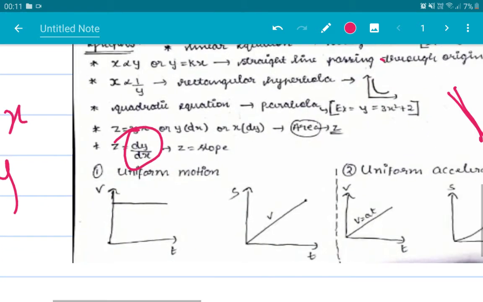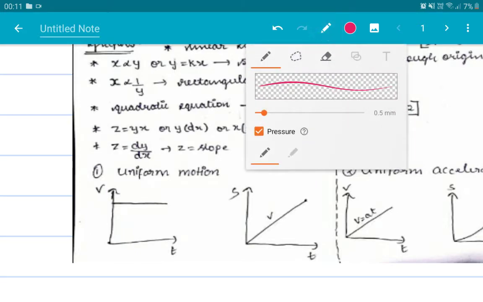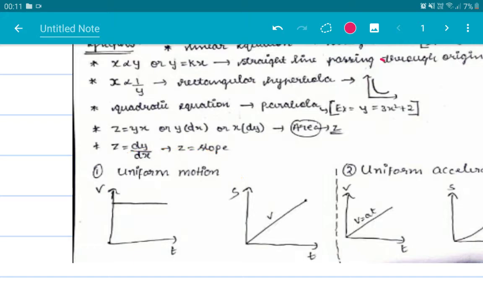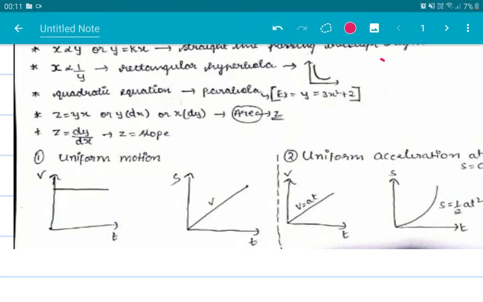So these are a few graphs I have given for you. You can just observe how it is in different cases. See, in the case of uniform motion, this graph definitely represents uniform motion, constant velocity, increasing by a constant amount in equal intervals of time.